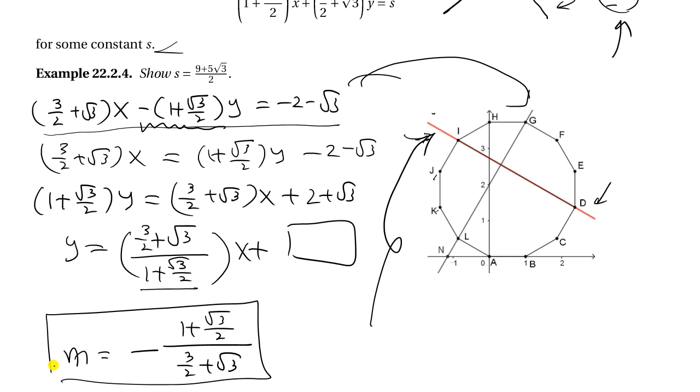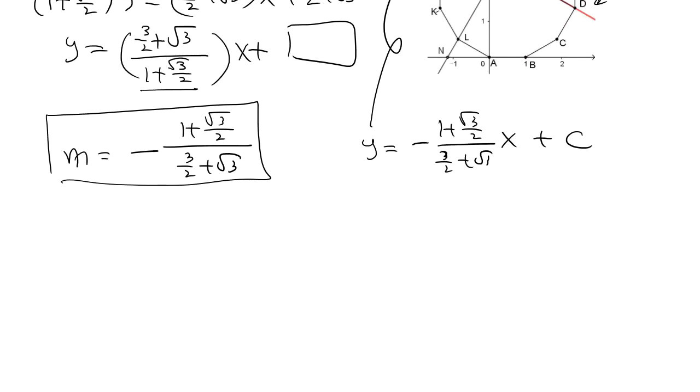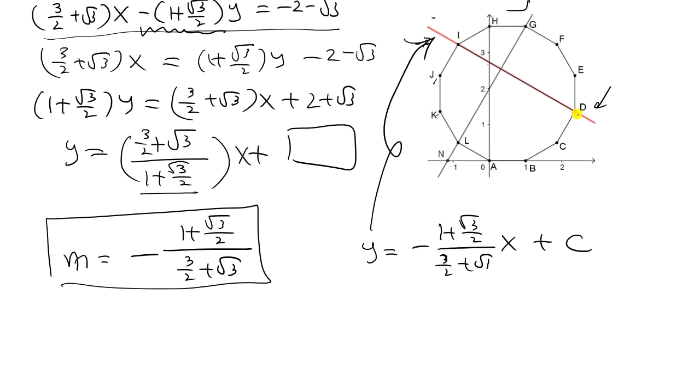Okay, so that line equation must look like y equals this new slope times x plus some number. So that is whatever. All we need is any point on this line DI, which must satisfy this equation.